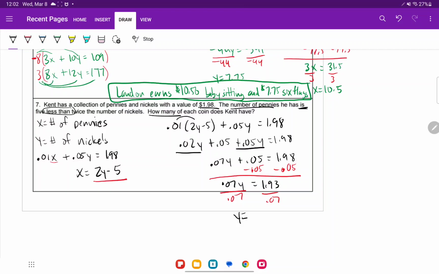And it says the number of pennies, so x equals 5 less than twice the number of nickels, so that's fine. We're going to plug in for x. So 0.01 times 2y minus 5. So I'm just verifying my work here just because when you look at this answer, it's not reasonable.